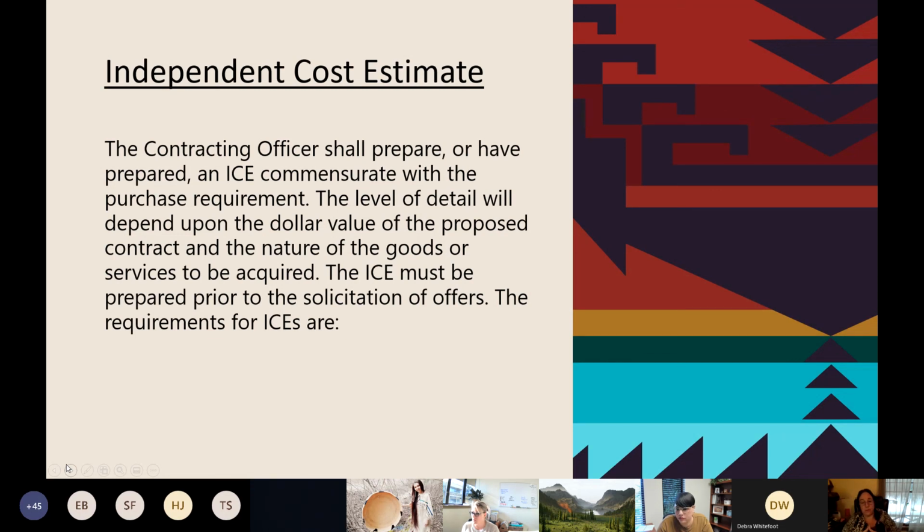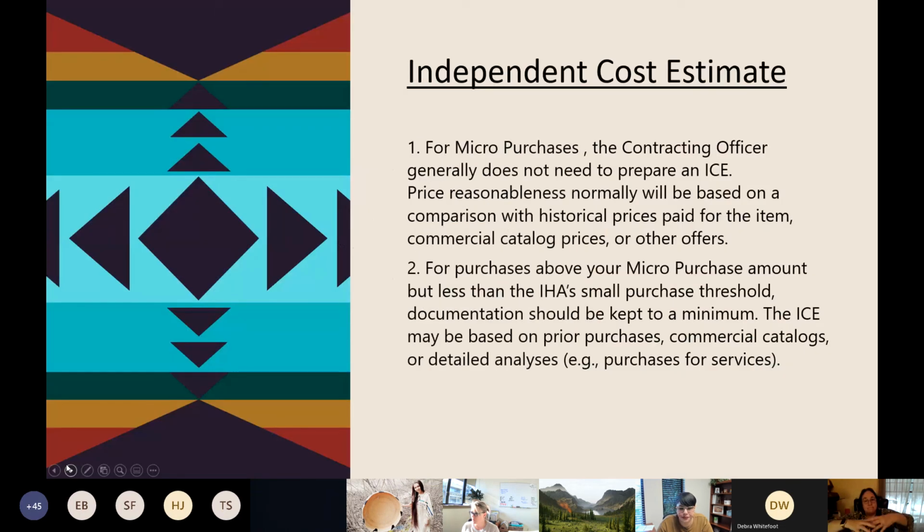Your ICE must be prepared prior to your solicitation of any offers. For micro-purchasing, the contracting officer generally does not need to prepare an ICE. Price reasonableness normally will be based on a comparison with historical prices that you paid for that item, or you can use a commercial catalog, internet, or other offers.